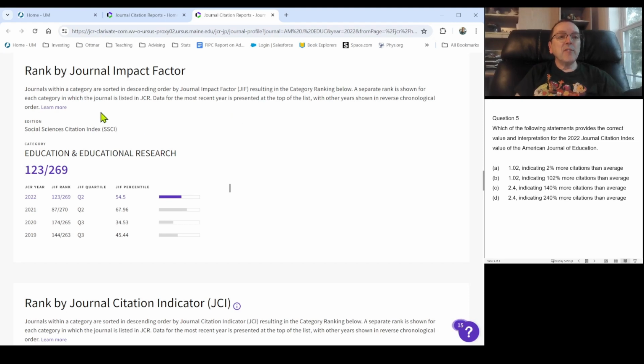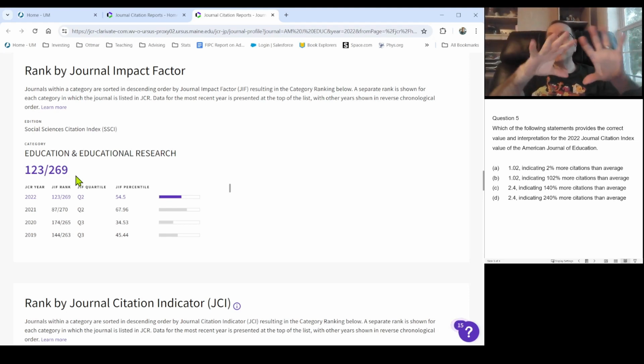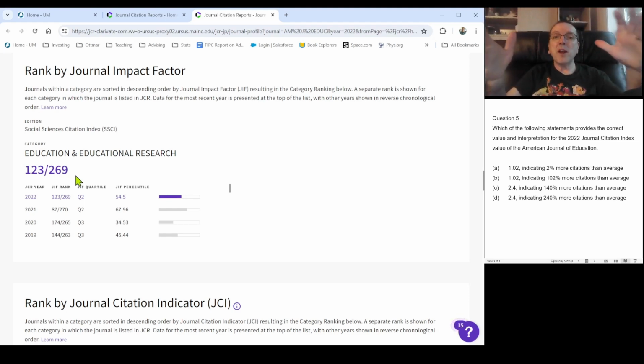So we see here that for the American Journal of Education in 2022, using the journal impact factor, it's number 123 out of a total of 269 journals. So there are 269 journals in this group that they've formed, with related content, and this journal is 123 out of that. And it's in the second quartile.